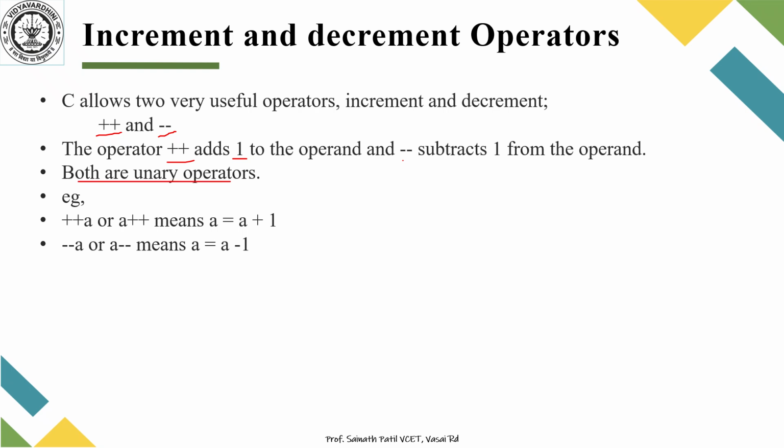For example, plus plus a or minus minus a. This is prefix and postfix operator. Meaning is same, little bit different, that I'll explain. So its meaning is a is equal to a plus 1, and minus minus a or a minus minus means a is equal to a minus 1.